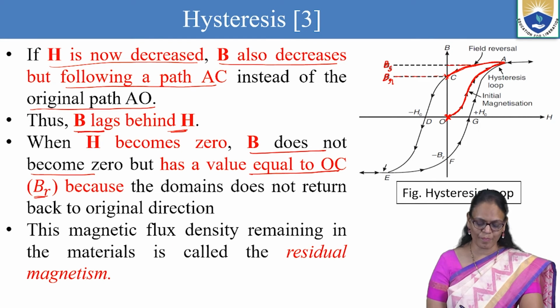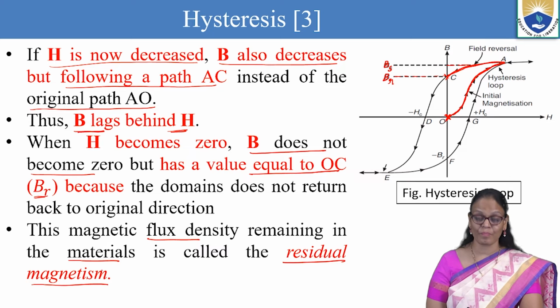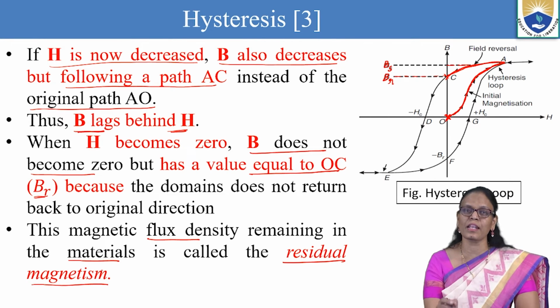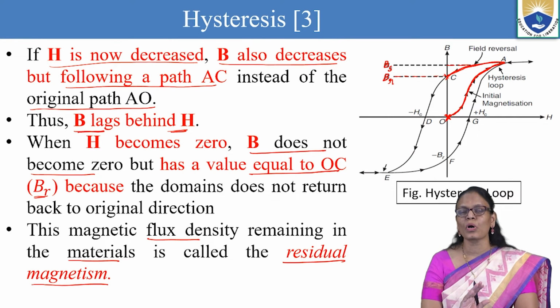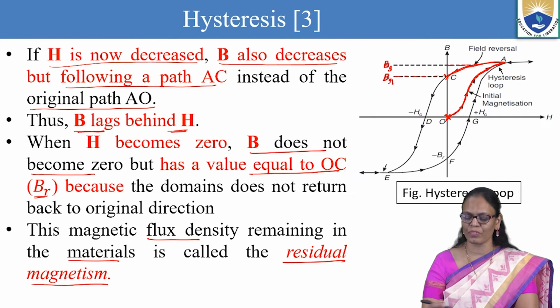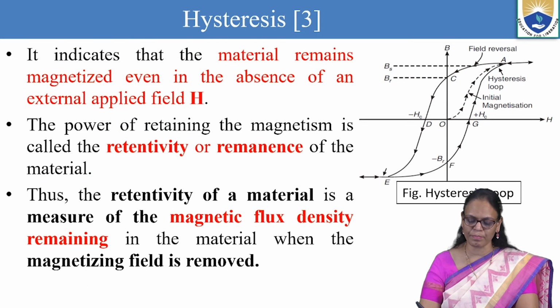The flux density remaining in the material we call residual magnetism, because all the domains have not acquired their original position. We denote it by BR, where the suffix R denotes residual magnetism.